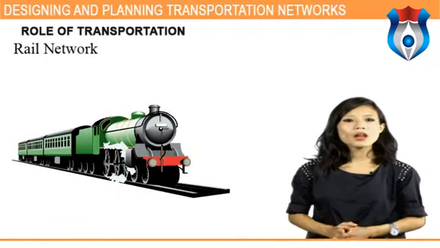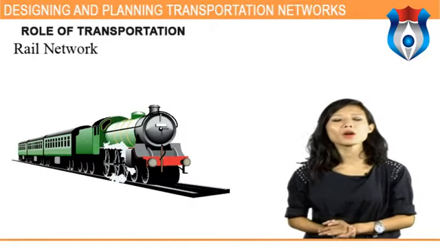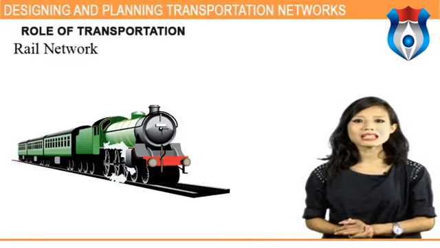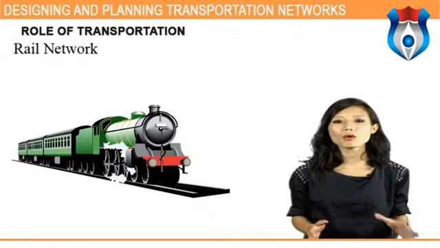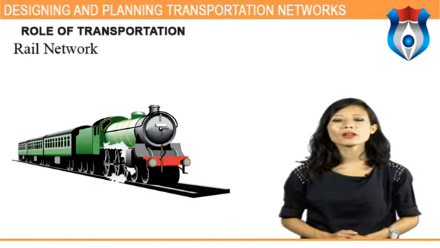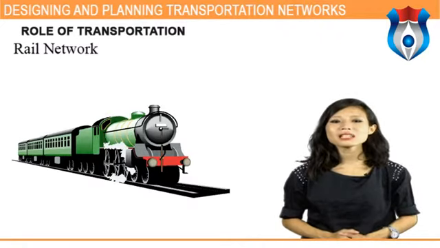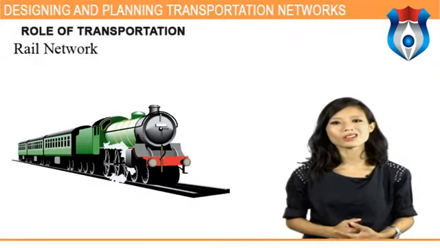Rail network. Historically, railroads have handled the largest number of ton miles. As a result of the early establishment of a comprehensive rail network connecting almost all cities and towns, railroads dominated intercity freight tonnage until after World War II.